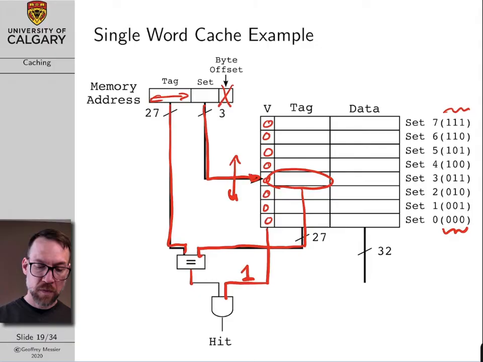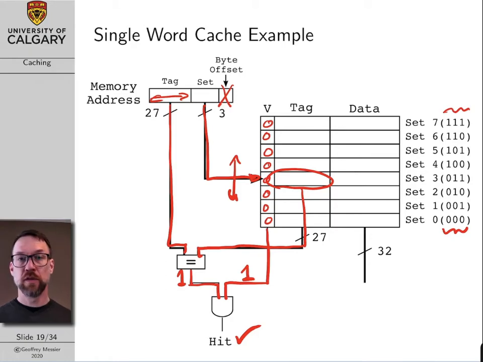If the 27 most significant bits in our load word address map to the tag bits stored next to our cache location, then this is going to be 1 as well, and then we get a hit. If our tag bits don't match the 27 most significant bits in our load word address, or if our valid bit is 0, then we get a miss.